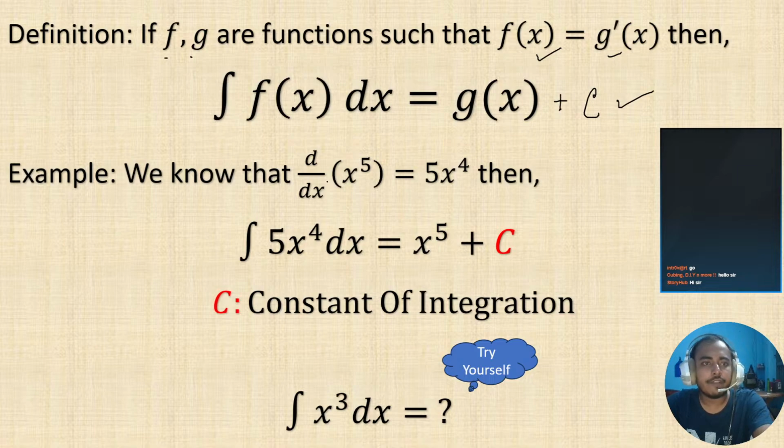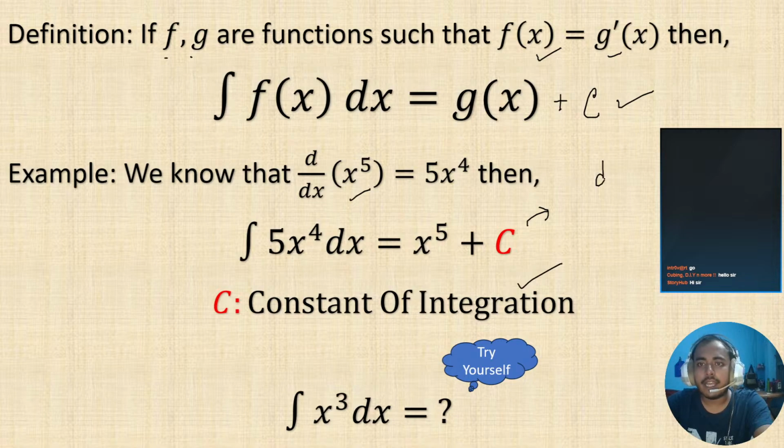A good example is we know that d/dx of x to the power 5 is 5x to the power 4. And in that case, integration of 5x to the power 4 dx should be x to the power 5 plus c, where c is called the constant of integration, and it is very important. And the importance of this is like this. Why is there a constant of integration? Well, we should only have x to the power 5, right?